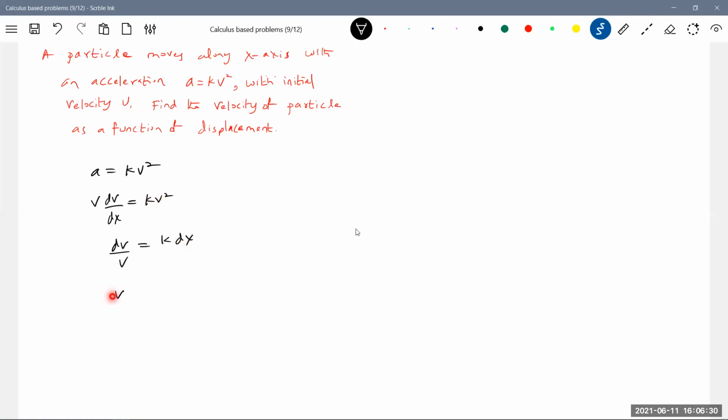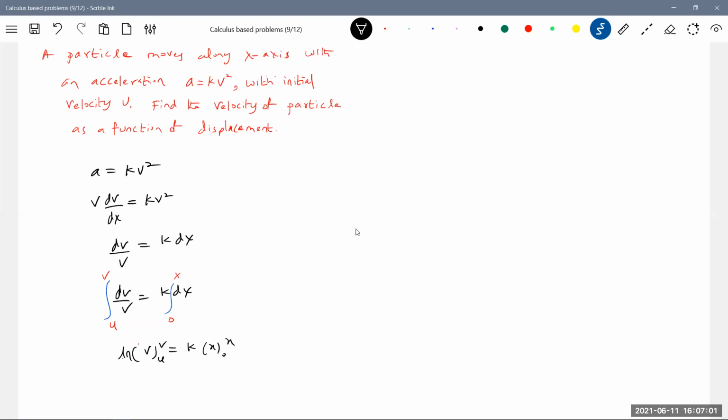So the limits: as a function of displacement, we'll assume the velocity as a function of x, let it be v. So this will become log v, and kx will come.